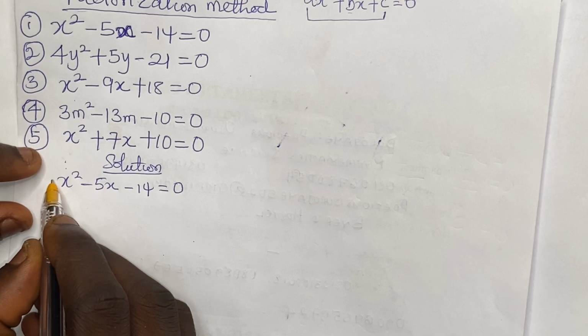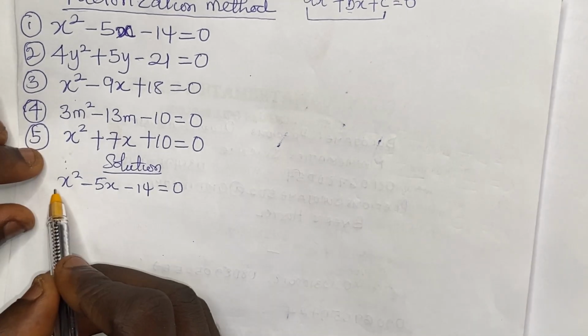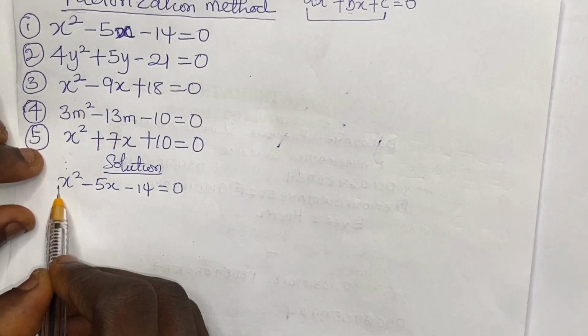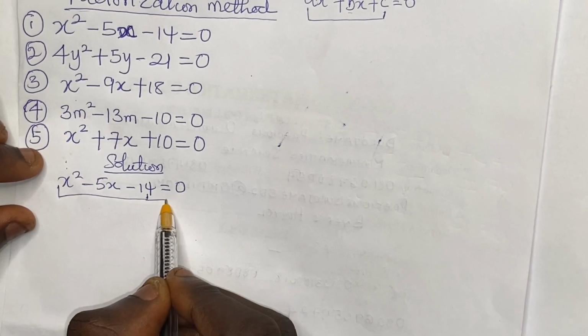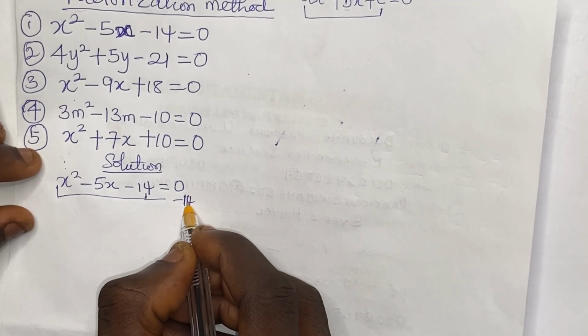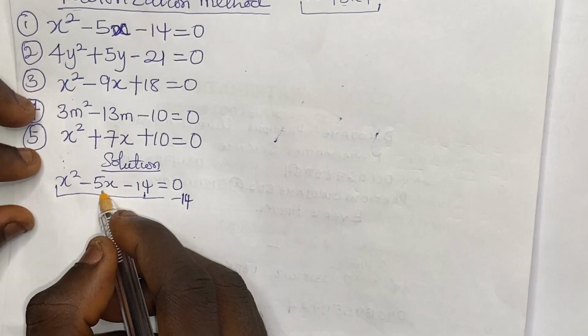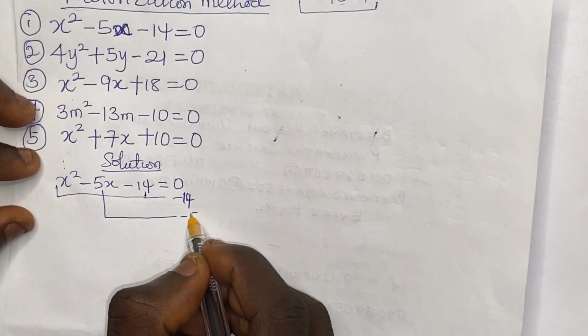What's the coefficient of x here? It is 1, but you don't see 1 here. Anytime you don't have a number beside any letter, automatically you have 1 there. So 1 multiplied by minus 14, what will you get? You will get minus 14. So that means the product is minus 14 and the sum is minus 5.